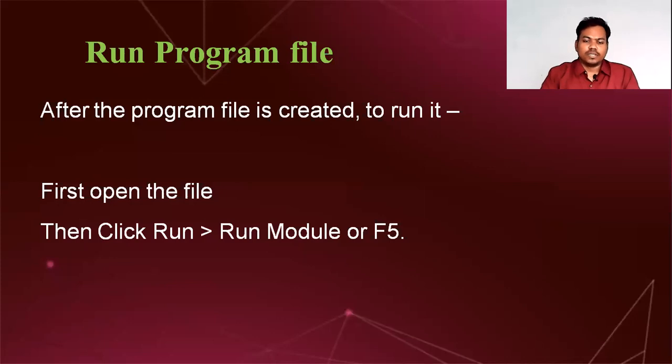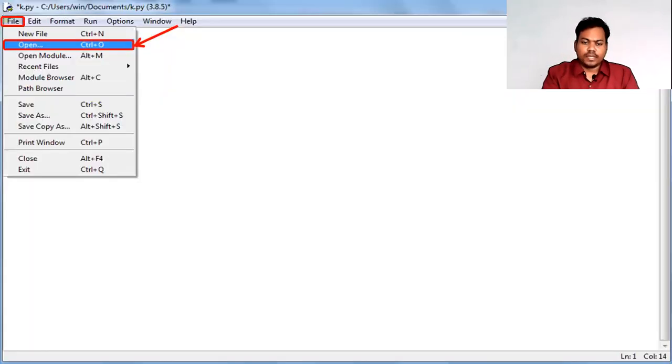After saving it, how will we execute this file? After the program is created, to execute it, to run it, first open the file. How will we open? First go in the same way. Open the IDLE, integrated development environment of Python, and then click open. As you can see, go to the file tab and click the open option, and then browse the file you want to open, whatever Python file like hello world, right?